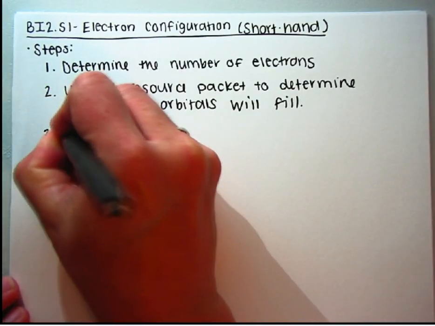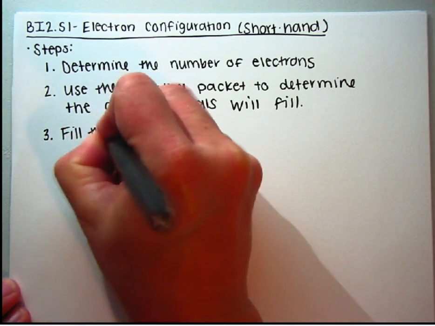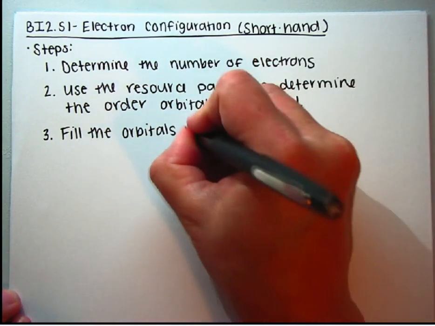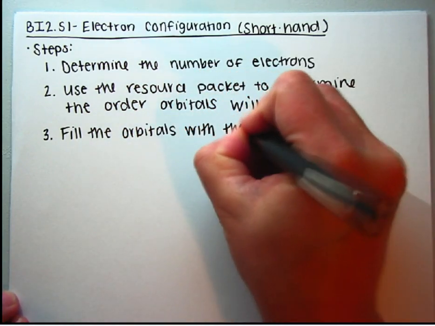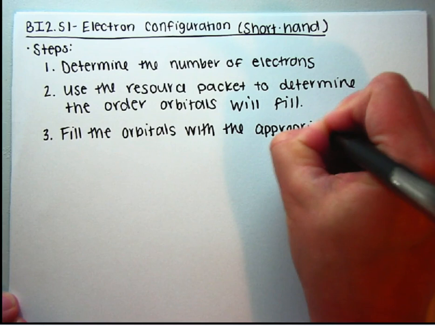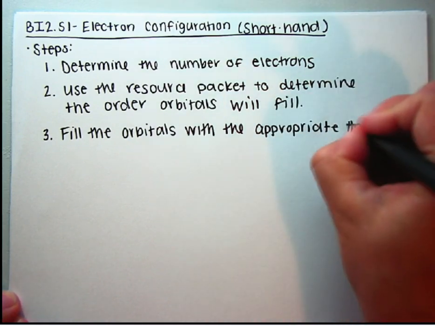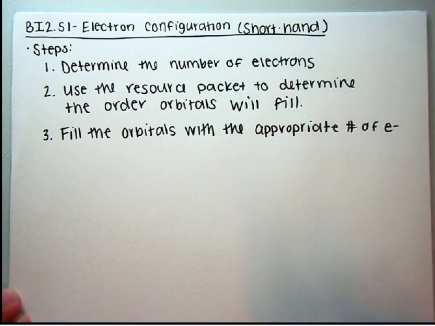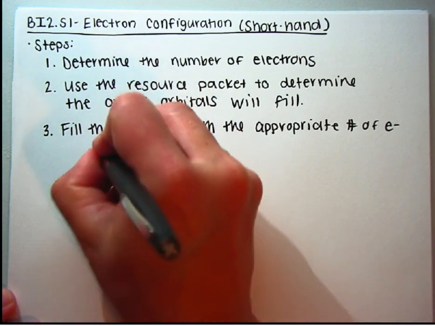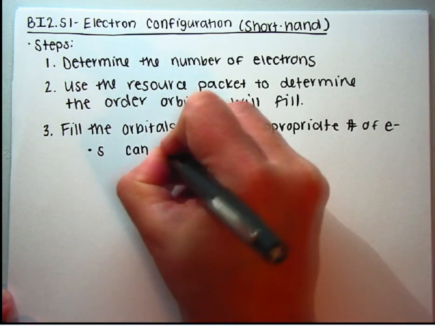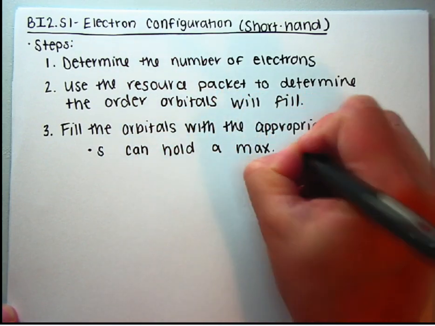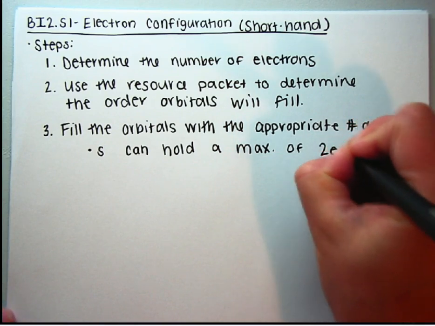Step 3, we are going to fill the orbitals with the appropriate number of electrons. So remember from last lecture, we said that an s orbital can hold a maximum of 2 electrons.